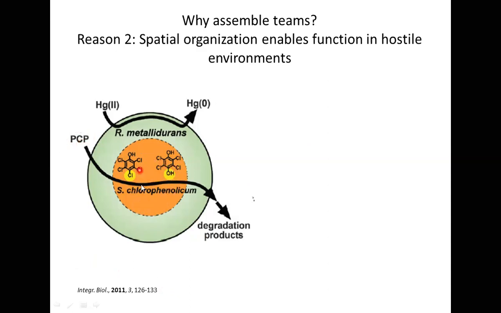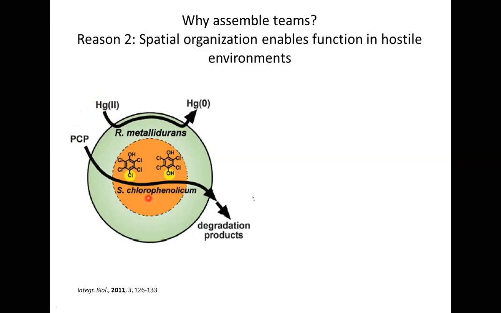Sphingobium chlorophenolicum is able to oxidize the PCP into harmless degradation products. However, in environments where pentachlorophenol is often found, you also find mercury 2. So this is mercury with a +2 charge. And it's usually hanging out with PCP from effluent from paper mills, that kind of thing. And this is toxic. The mercury 2 is toxic to the S. chlorophenolicum.